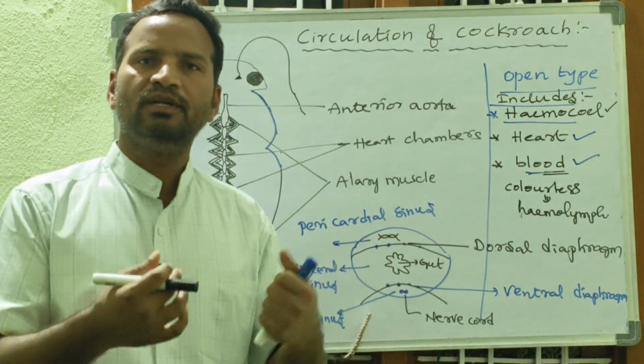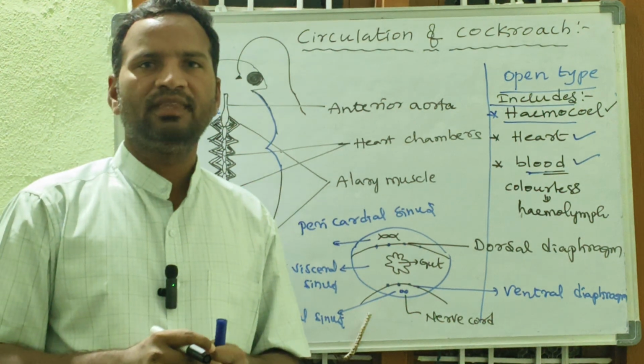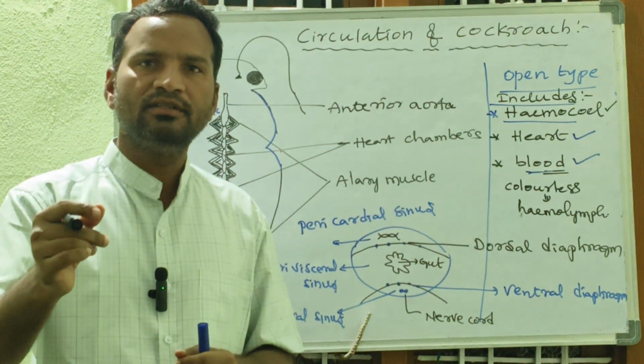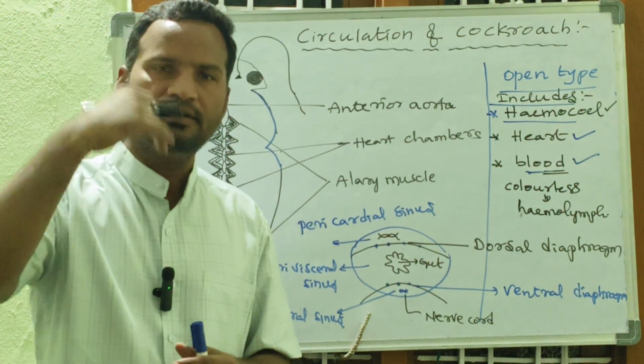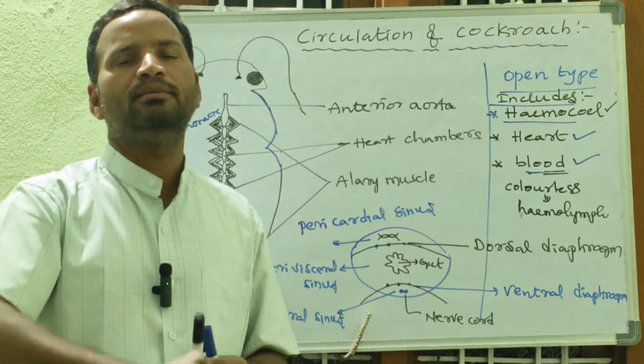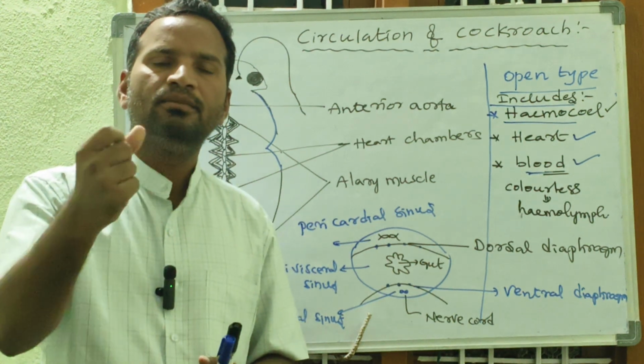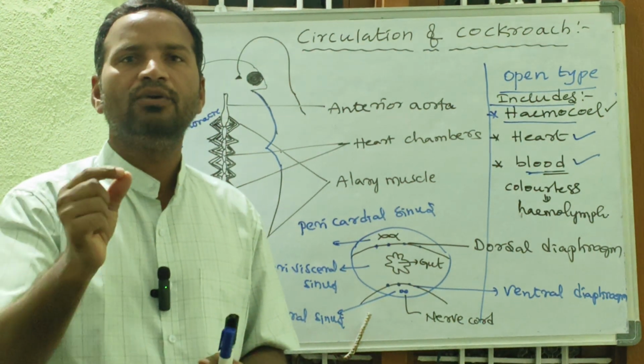Usually the phagocytic cells are large in size. When microorganisms or foreign particles enter the body, they are activated and engulf the bacteria. That's why these are commonly described as phagocytes.